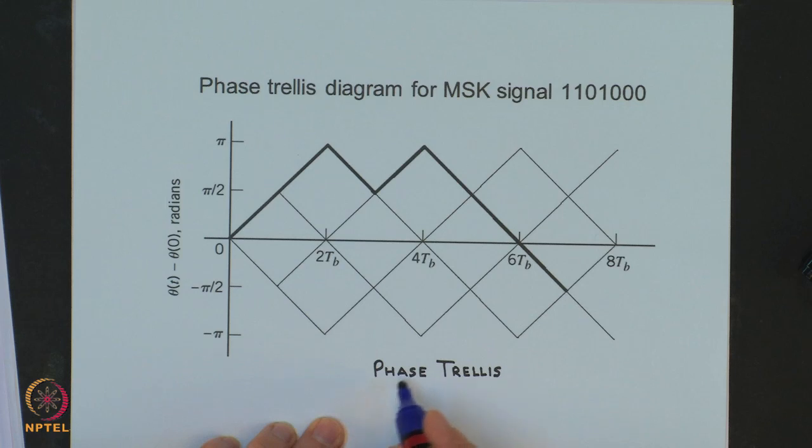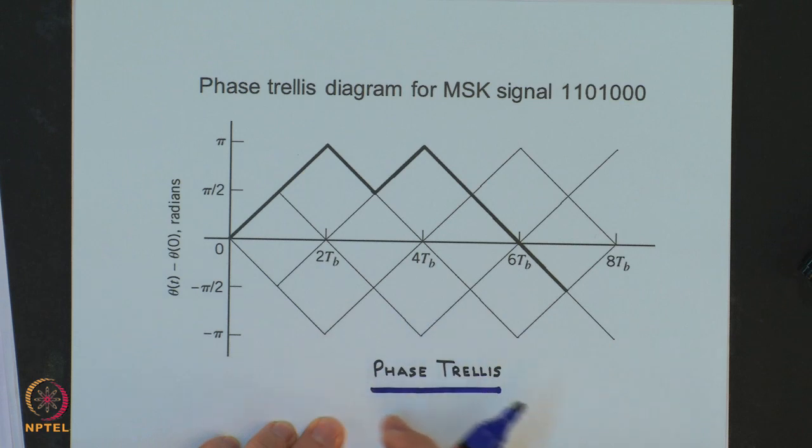So, let us take the case where h is equal to half, and this is the case of interest to us. Now, the phase can take only two values, plus or minus pi by 2 at odd multiples of Tb, and 0 and pi at even multiples of Tb, and this is very clear from this figure, which is known as the phase trellis.